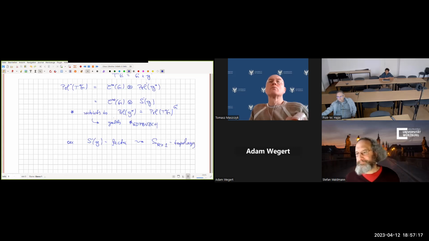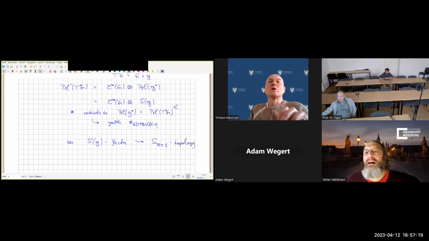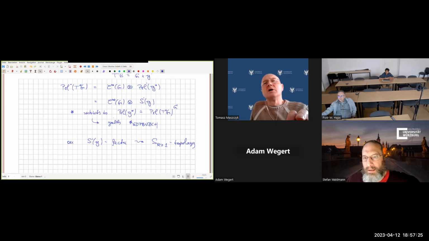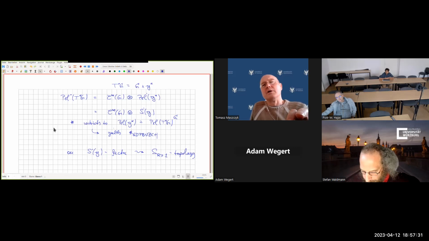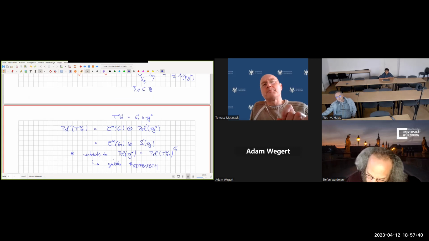That's nice. Tomek, you want to ask a question? If you are taking G invariance, you are assuming that the action of G on this symmetric power of the Lie algebra is trivial. Yes, I mean, this depends. It's not the adjoint action here.